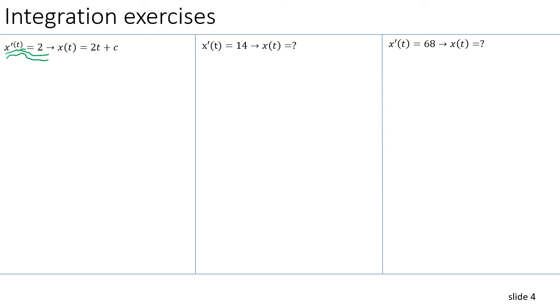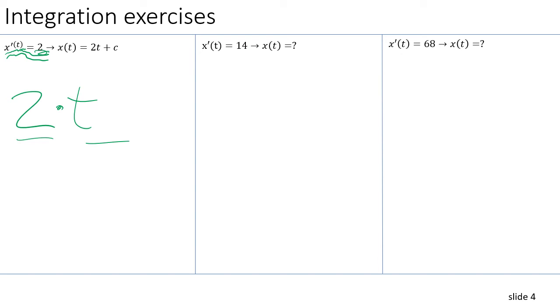Since 2 is our rate of change, this is our derivative, in this case the velocity, then 2 times t must be our answer. Since velocity multiplied by time is the displacement in this kind of problem, the integral, the answer to this problem seems to be 2 times t. But hold up for a second. We don't know the initial displacement. We don't really know what the initial starting value is.